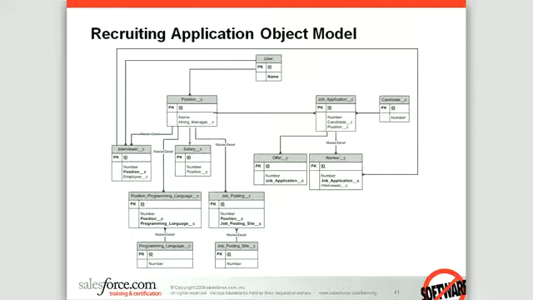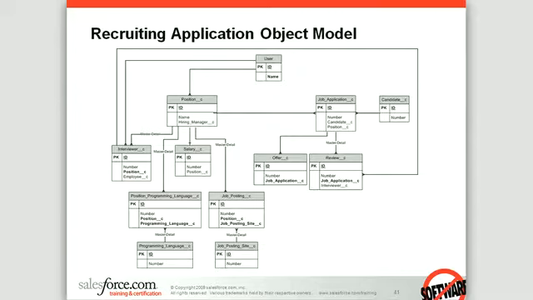Often you'll use the auto number data type for the name field to auto populate that number. Taking a look at our ERD, like I said, notice that job application has that lookup to position, but it also has the lookup to candidate, and there's a many-to-many relationship there.